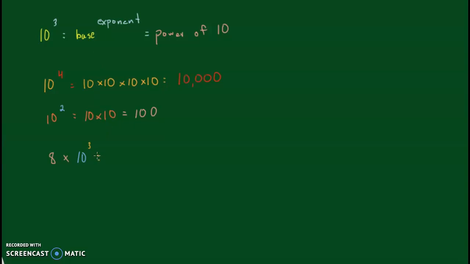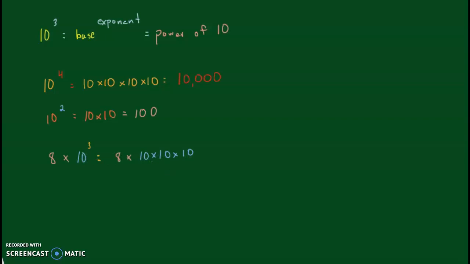So if we wrote out this whole thing, we're going to end up with 8 times 10 times 10 times 10, because 10 to the third power is 10 times 10 times 10.